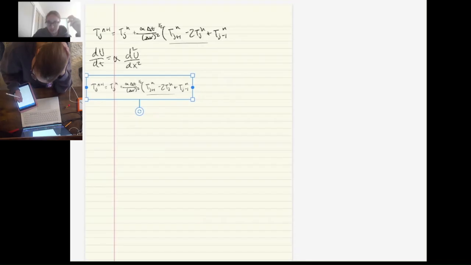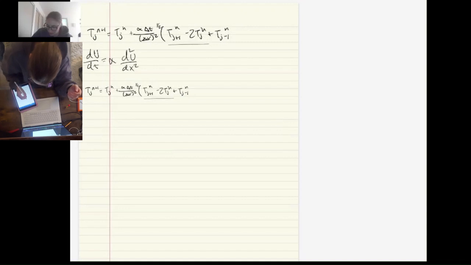We're going to do the next time step in here, and we are going to have 1/2. This 1/2 I'm going to highlight. So it's going to be Tj plus 1, n plus 1, minus 2Tj, n plus 1, plus Tj minus 1, n plus 1.